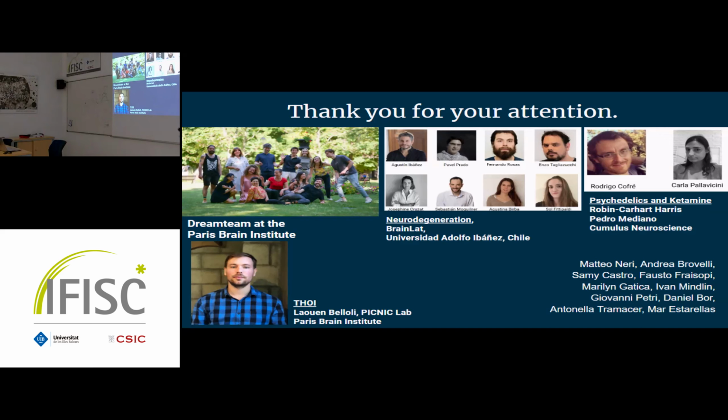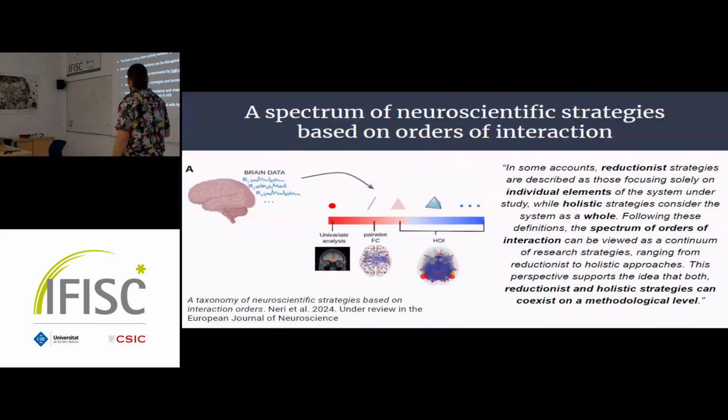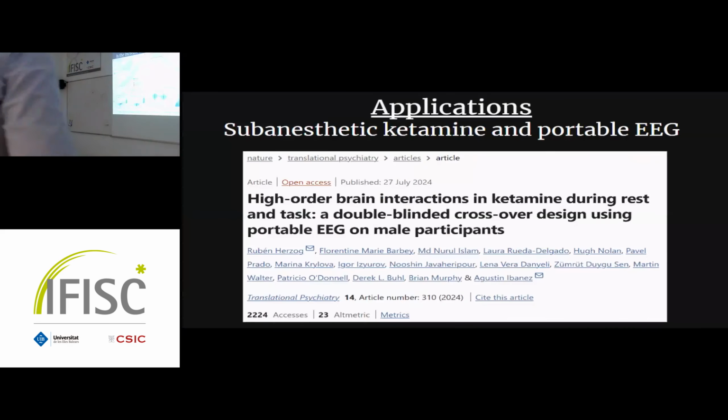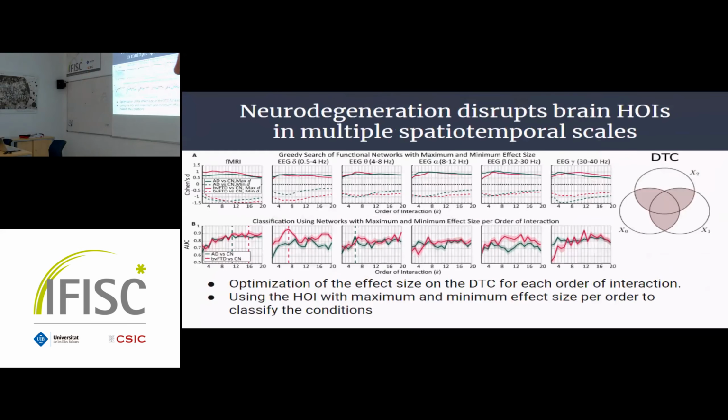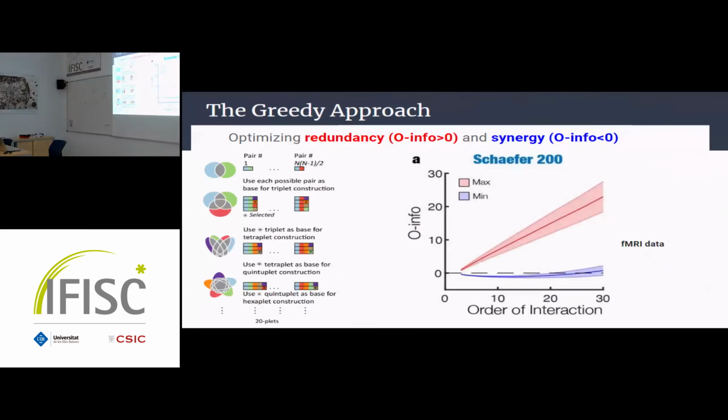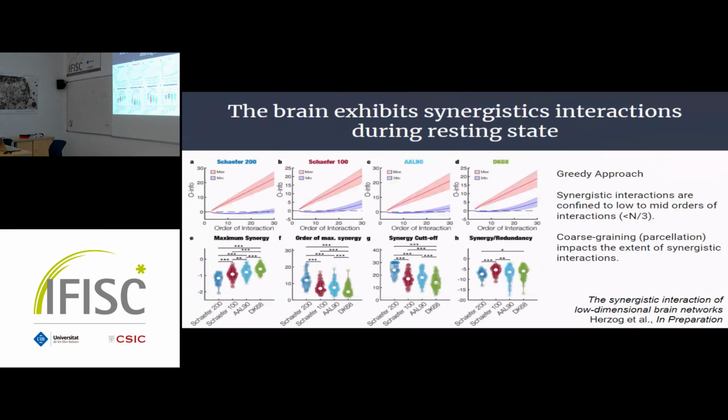Okay, so it will depend on the parcellation. That is what I showed, for example, in this work here. Here you have different parcellations. So you have the same brain, and the maximum resolution will be what you get out of the fMRI. That is the resolution of millimeters.